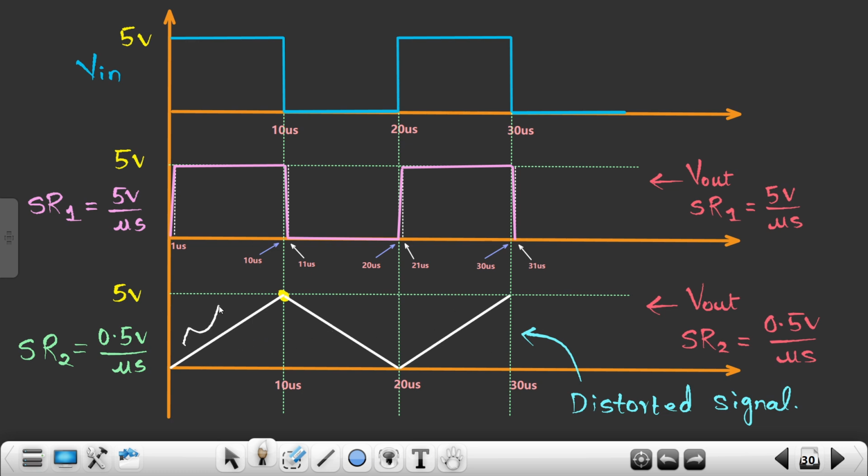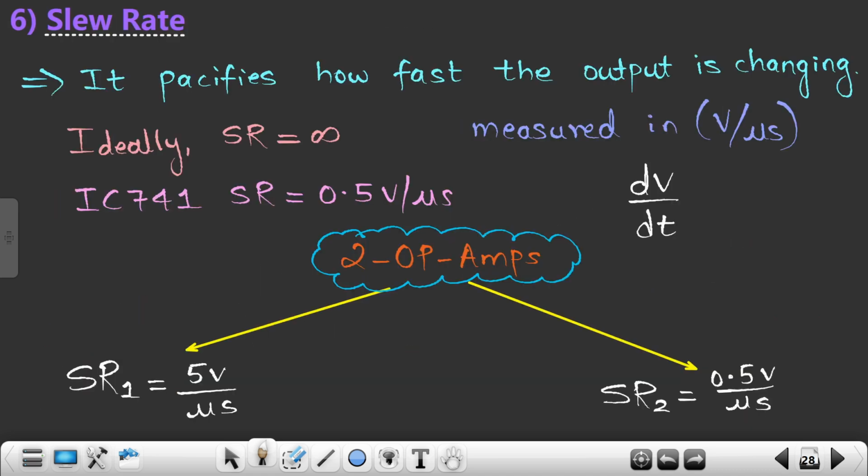Similarly over here, it is not a straight line, it is something like this, from 0 to 1 microsecond. So it is taking very little time to travel from 0 to 5 volts. On the contrary, over here this slope indicates that it takes very high time to travel from 0 to 5 volts. Getting my point? That's why we generally show it as dV by dt, dVO rather, output voltage, since we are dealing with output voltage. So for IC741, it is 0.5 volts per microsecond.